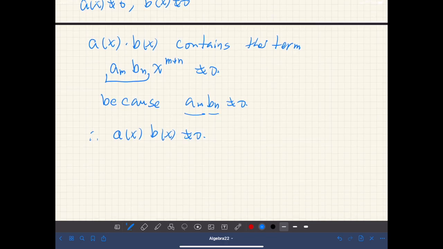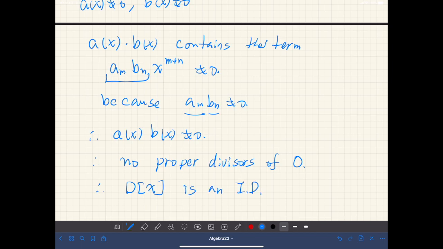Therefore, there are no proper divisors of 0. Therefore, D of x is an integral domain. We are done.